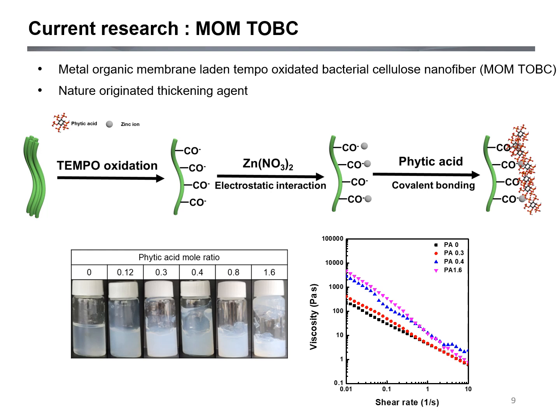These coated fibers show strong interfiller association by using zinc ions in the medium. The viscosity of MOM TOCNF is increased more than 10 times compared to TOCNF with no MOM layer.